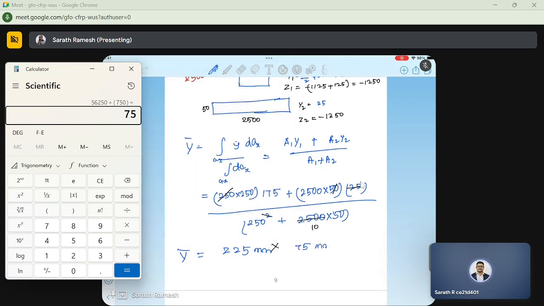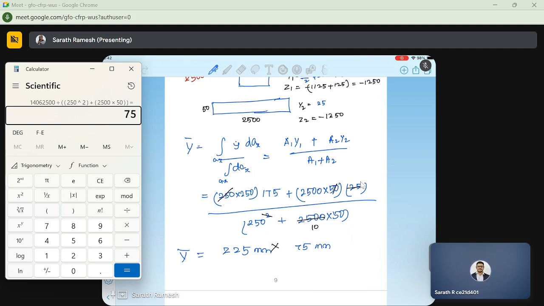In the initial calculation, there was a mistake in the bracket which I used: 250 square into 2500 into 50 into 25, the whole divided by, I want one more bracket for safety, 250 square plus 2500 into 50.